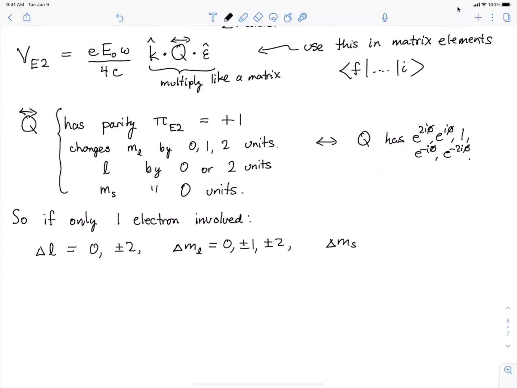Delta M sub S is 0. Okay, and then parity is not changed. Those are the selection rules. But that last one actually is redundant with this one, because again, parity is just minus 1 to the L.